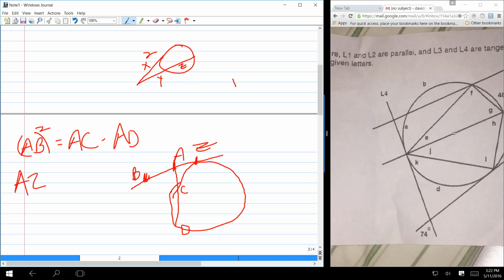So you get AZ squared equals the same thing, AC times AD. Well, if in your proof you have two things that are both equal to the same thing, then they're equal to one another. So from these two statements, you can say that AB has to equal AZ, which means A is the midpoint between B and Z.